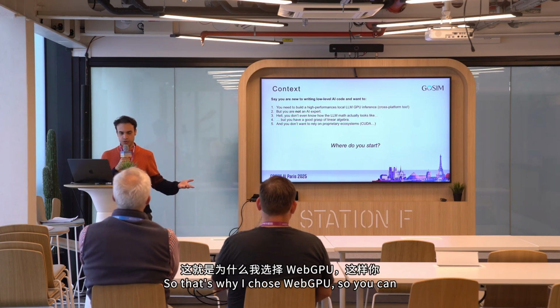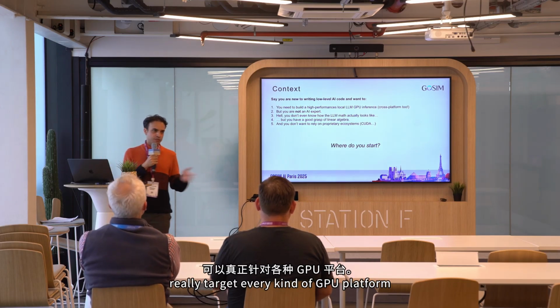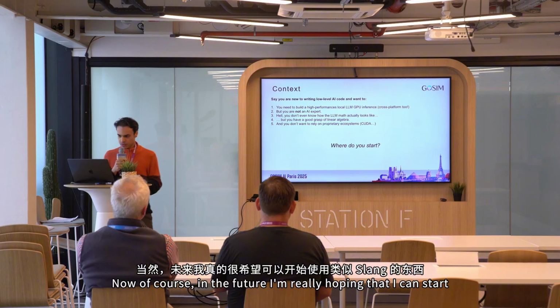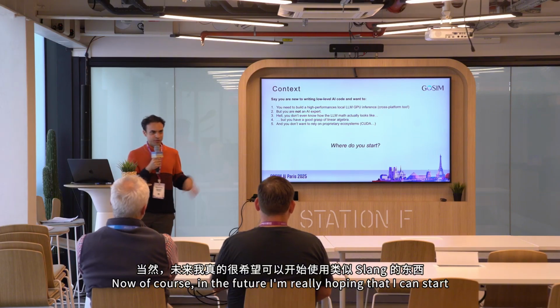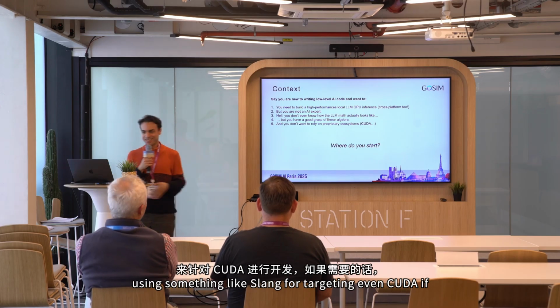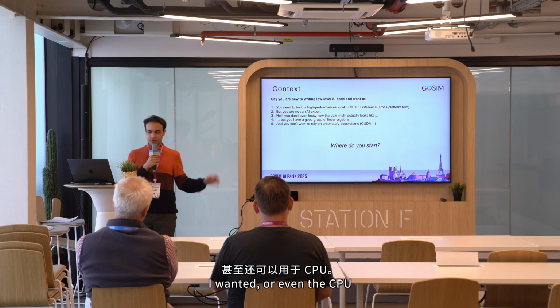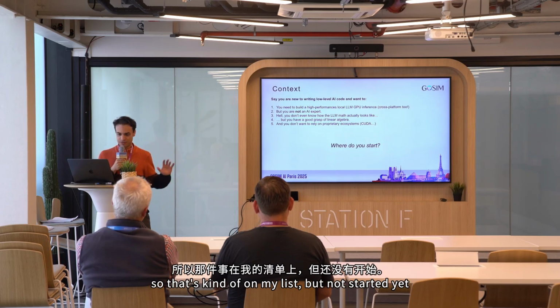So that's why I chose WebGPU, so we can really target every kind of GPU platform. Now, of course, in the future, I'm really hoping that I can start using something like Slang for targeting even CUDA if I wanted, or even the CPU. So that's on my list, but not started yet.